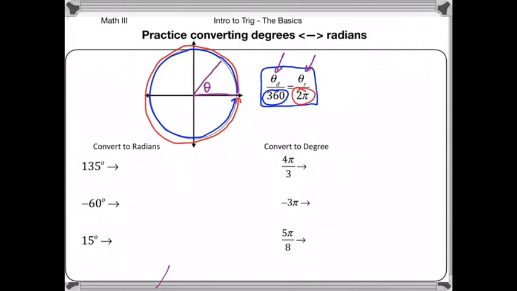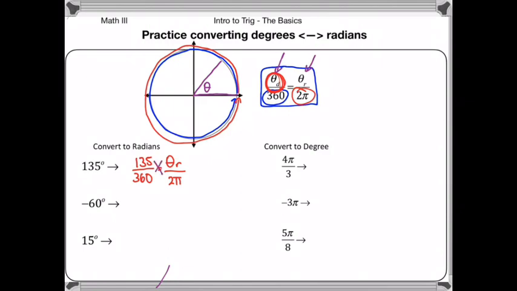I know that that is a degree measure, so I put it right here. I'm going to say 135 degrees is to 360 degrees as theta in radians is to 2 pi. After some crisscrossing here, basically I'm going to solve this thing out.